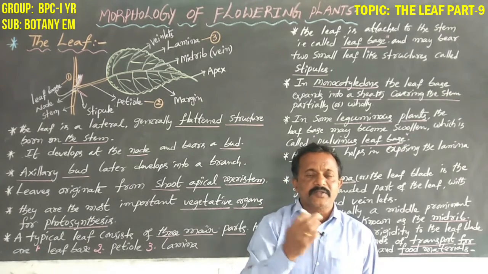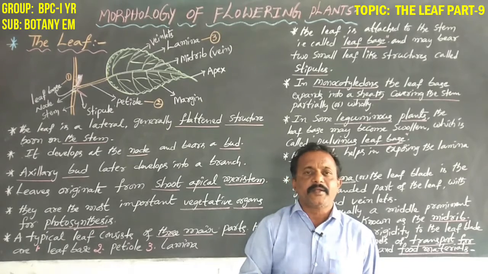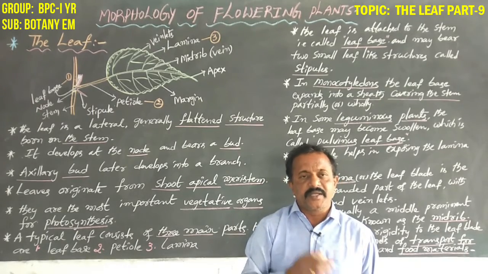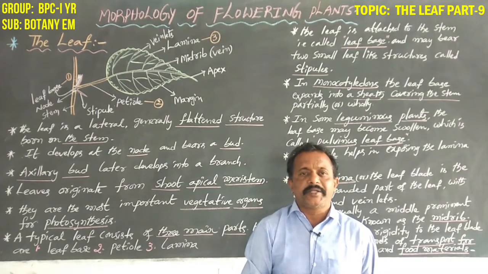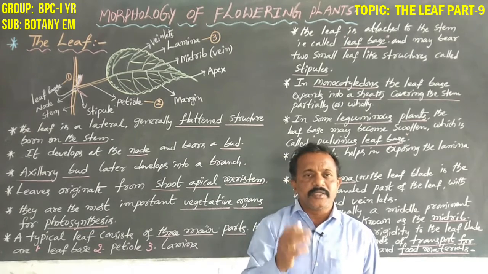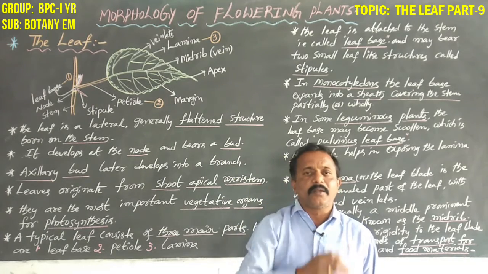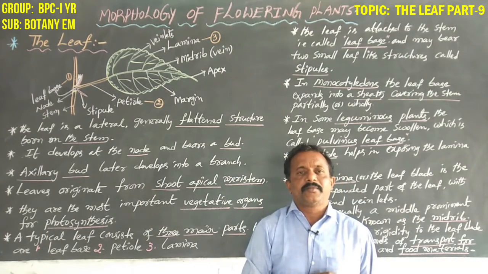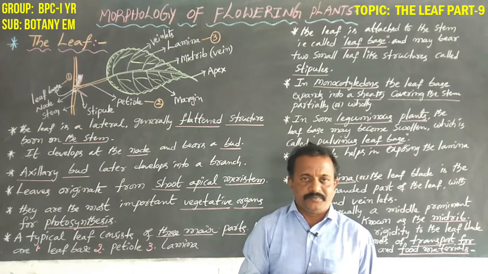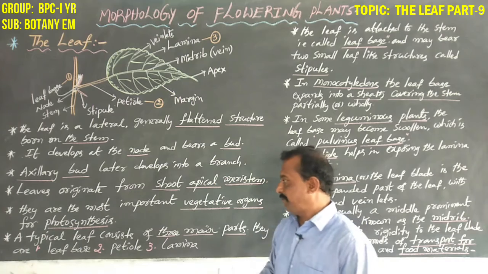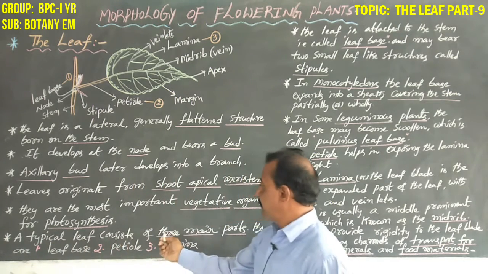Because these leaves have chloroplasts containing chlorophyll pigments. In the presence of sunlight they make their own food materials. These food materials are transported to all parts of the plant body with the help of xylem and phloem.